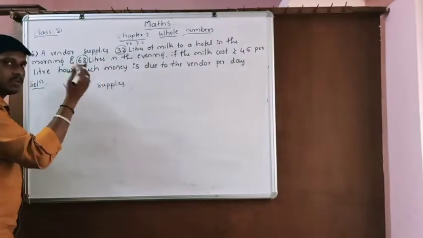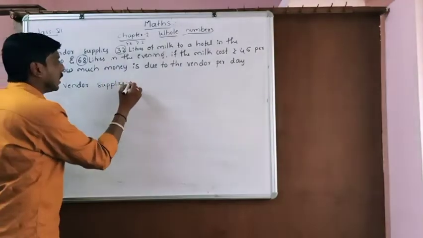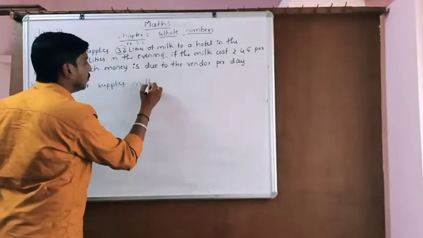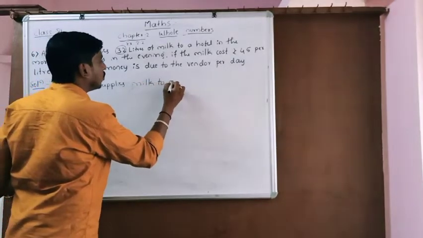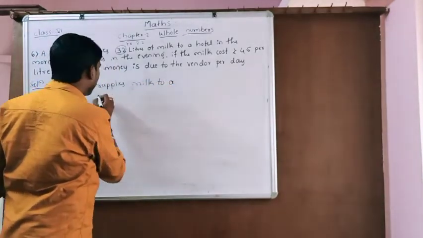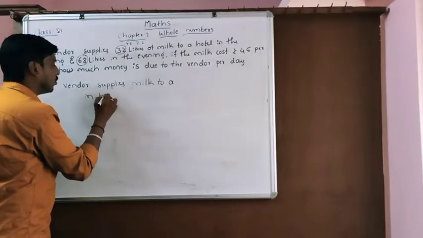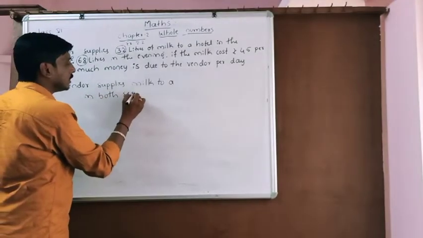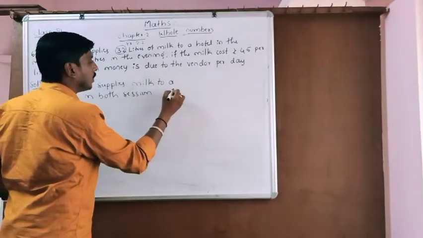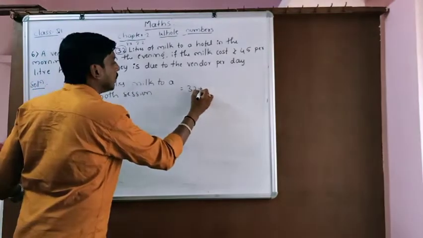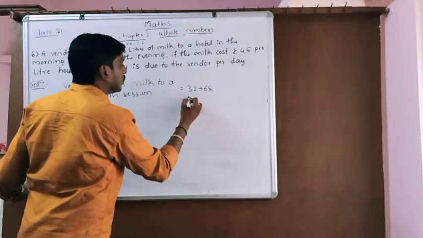I will take both at a time. Session means both evening and morning. So 32 plus 68, it becomes what?